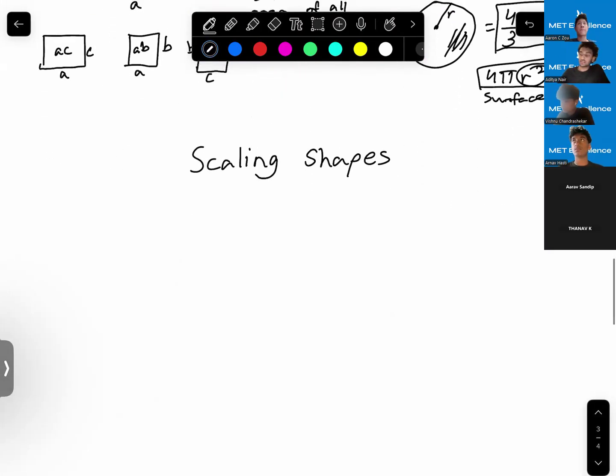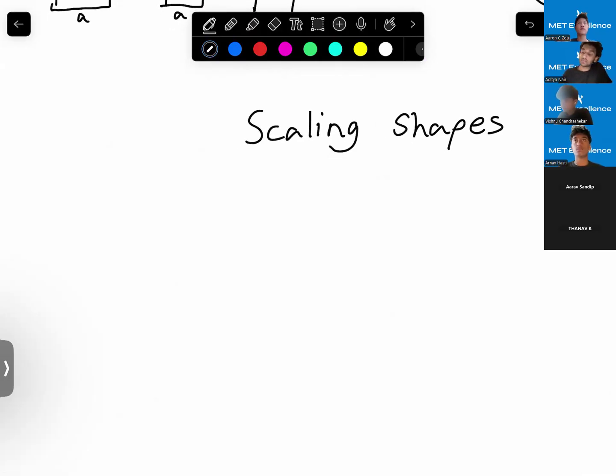And the last thing I'm going to do is general scaling of shapes.